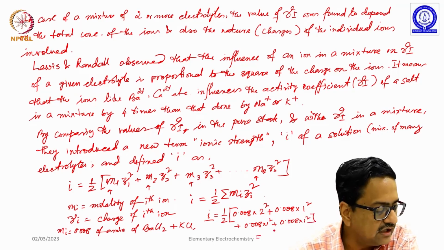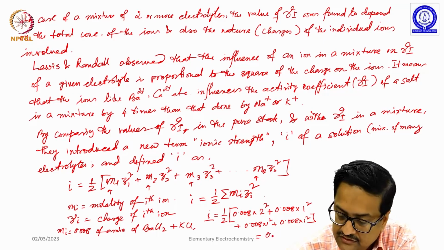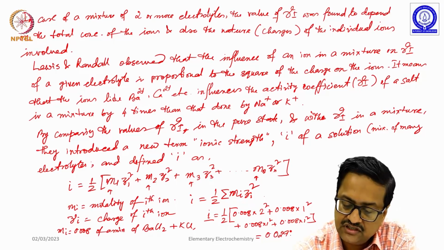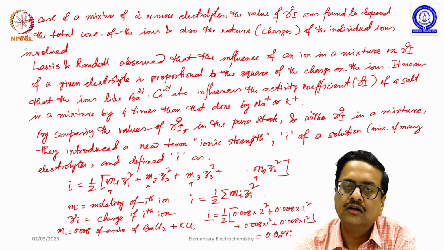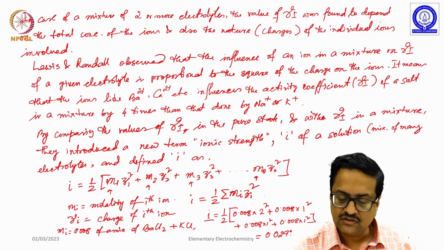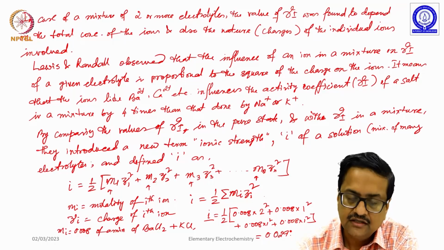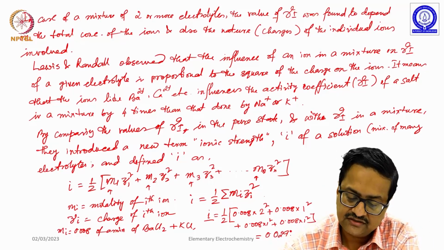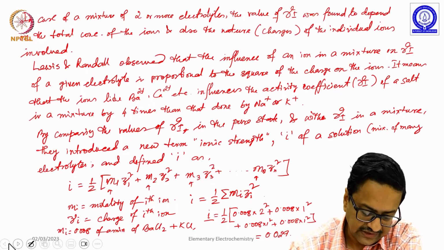So, when you do this calculation, the value of I turns out to be 0.029. So, this is the ionic strength of this solution, which turns out to be a mixture of two different strong electrolytes. So, this is an important parameter to identify what is the strength of a solution of two or more electrolytes.